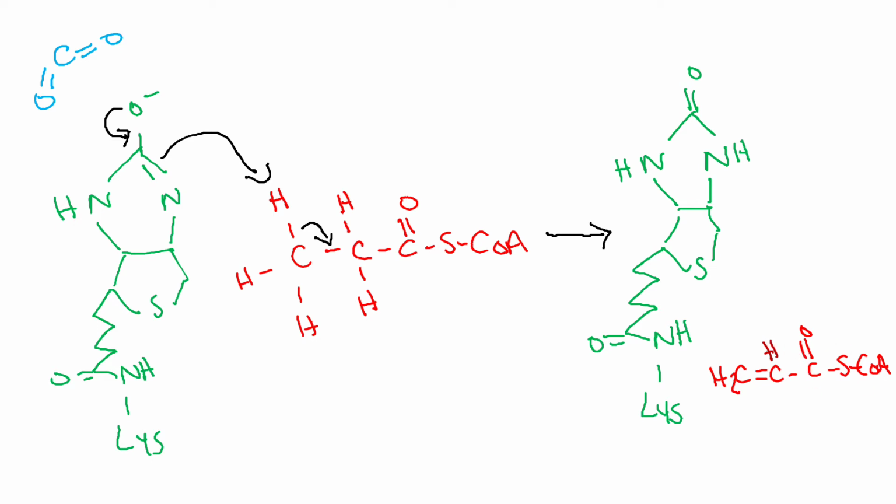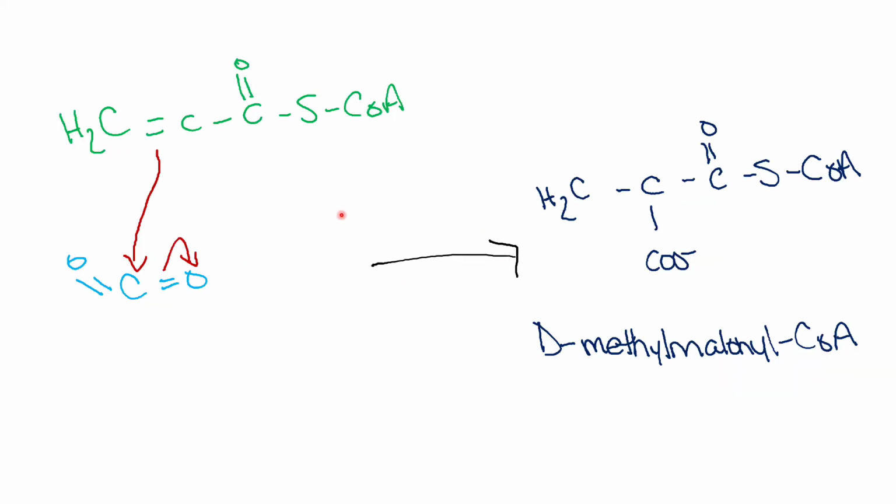So now, what's going to happen is that this enol intermediate that formed that double bond with the adjacent carbon, these electrons are going to attack that carbon because this carbon dioxide has these 2 oxygens which are highly electronegative, so there's a small positive charge on that carbon.